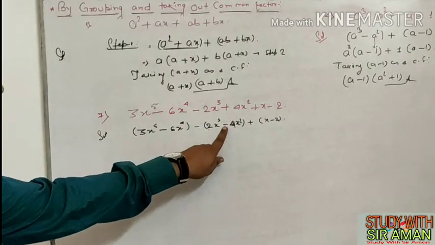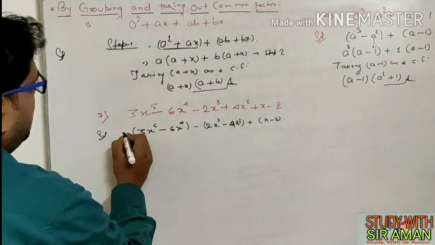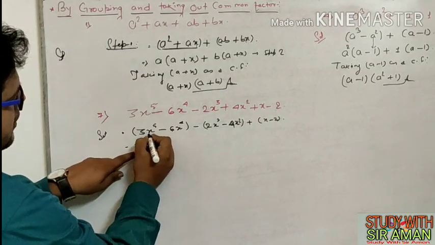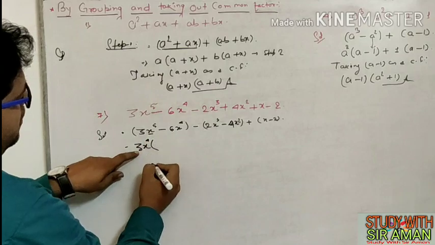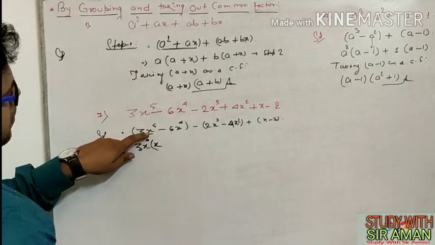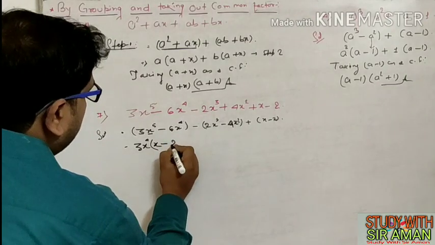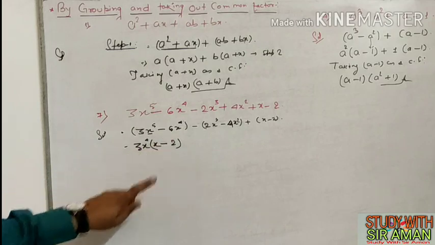Here is plus, I have written here minus. Minus, minus, plus. Now take common. What is common here? In 3 and 6, what is common? 3. Here is x to the power 5, x to the power 4, which is common? x to the power 4. What is left here? Only one x is left here. Minus. What is left here? 2. X to the power 4 we have already taken common, so this term is finished.